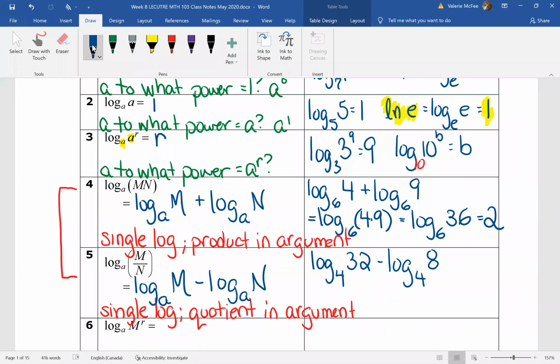When I think about the question being asked by each logarithm here, 4 to what power equals 32, or 4 to what power equals 8, I don't know the answer. If we use the property, we can write this as a single logarithm, the same base 4, and divide the arguments. This equals log base 4 of 4. That's our second property. When the base in the log is the same as the argument, we know the answer is 1.